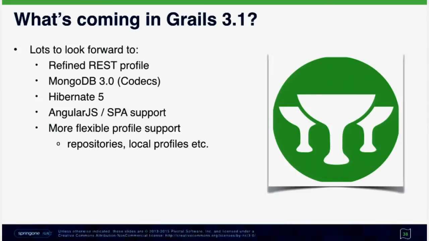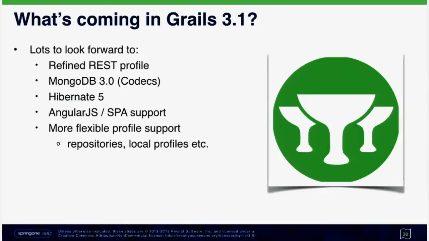And then we'll work on Hibernate 5 support, to bring GORM for Hibernate up to Hibernate 5 and allow access to all the Hibernate 5 features. And then part of Grails 3.1 is a profile for developing AngularJS applications. We're going to start with AngularJS.